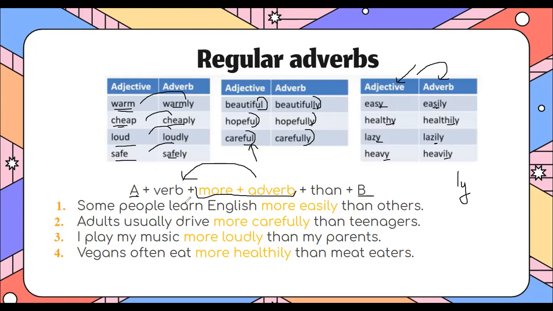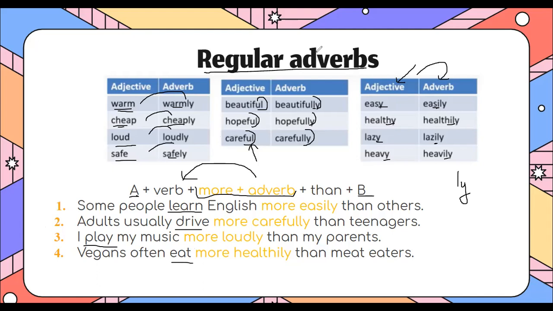But here we have the verb learn, drive, play music, and eat. So when we have verbs in between, usually we're going to find an adverb, which I told you is the verb's best friend.